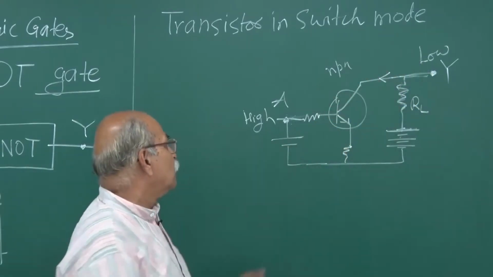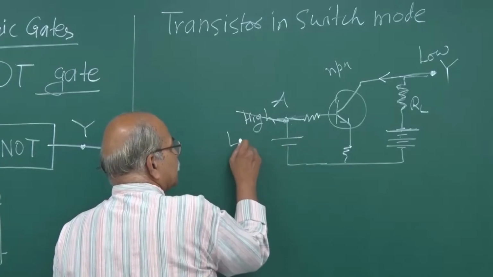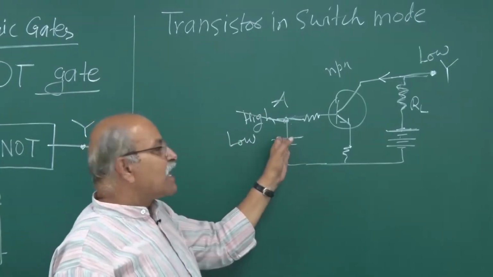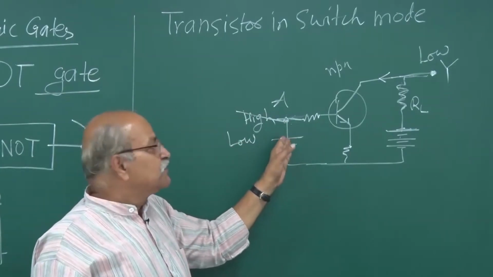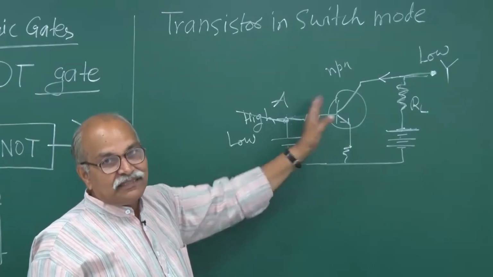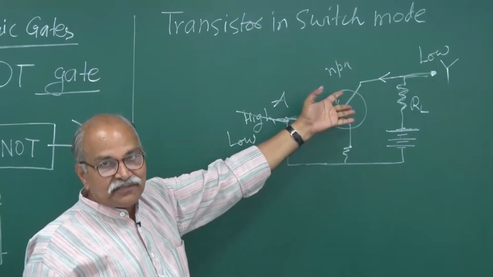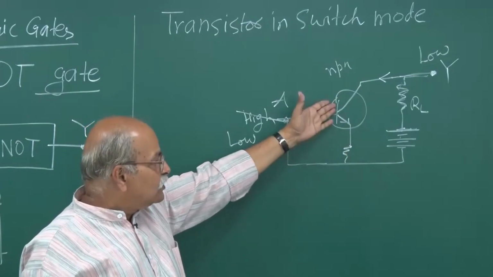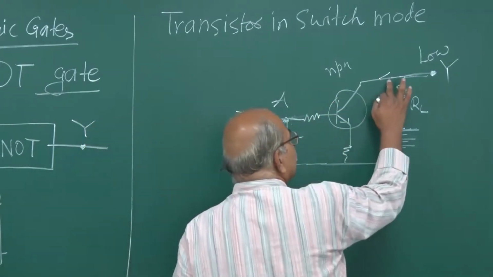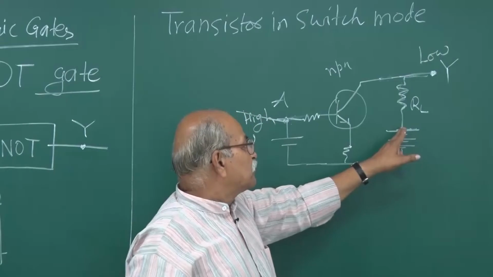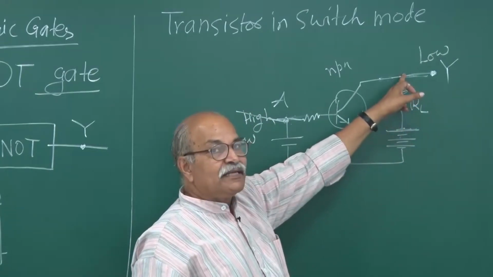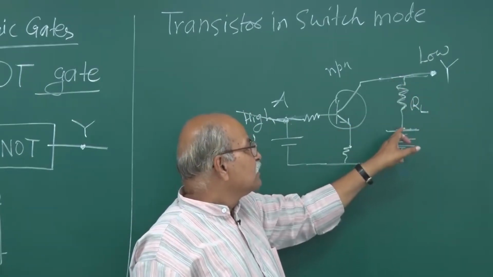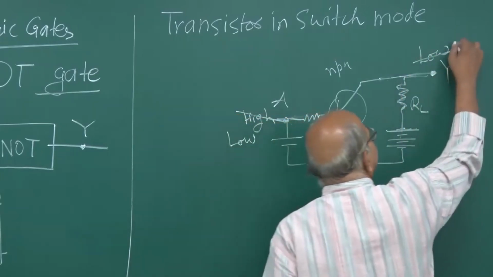And if you give this low, you don't put a battery, you give 0 voltage here, then no current goes, it is in the cutoff region. Since no current goes anywhere, the potential here and here is the same, and this potential is high, so this potential also becomes high.